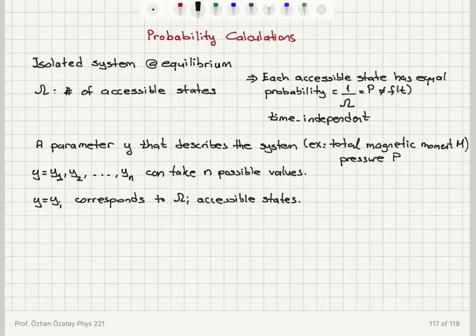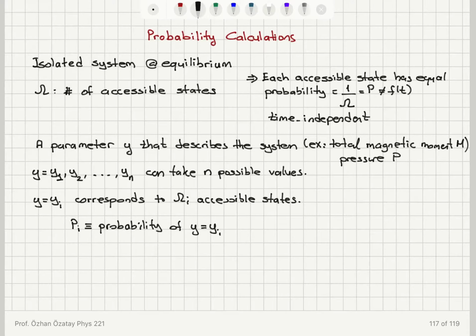Then I ask myself, what is P sub I? That is defined as the probability of the parameter y having a value y sub I. Well, for each accessible state, I have the same probability, right? I have the postulate of equal a priori probabilities.